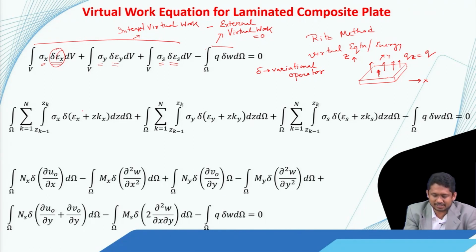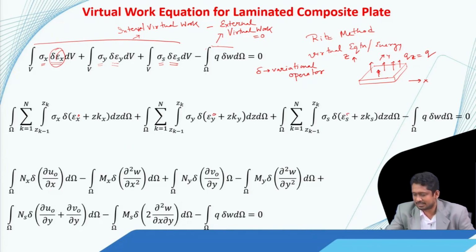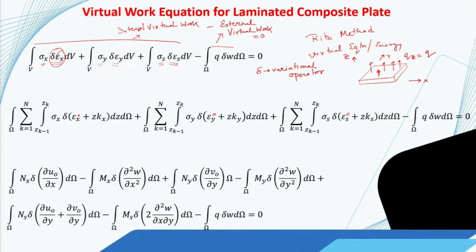So, epsilon x is epsilon x 0 plus z into kappa x. Similarly, epsilon y is epsilon y 0 plus z into kappa y, and epsilon s is epsilon s 0 plus z into kappa s.